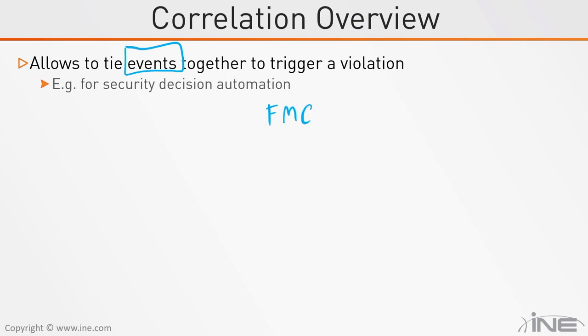And what the FMC, the management station, is going to see is the events, the logs. So as you use this feature, you will want to make sure that events are actually seen by FMC. Overall, this is slightly similar to a SIEM solution, but I wouldn't say correlation is meant to replace it.